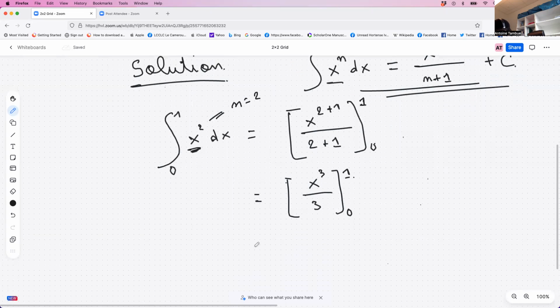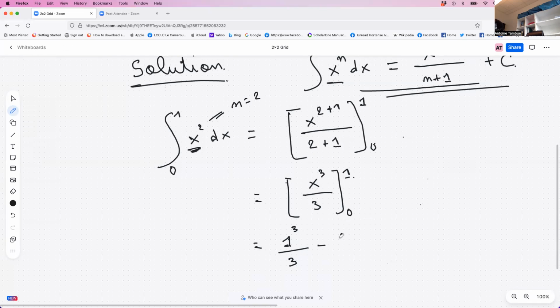What is the evaluation of the expression at 1? Just substitute x by 1. So we have here 1 to the power 3 over 3, that's the evaluation at the upper point 1, minus the evaluation at the lower point, which in fact is 0. So we substitute x by 0.